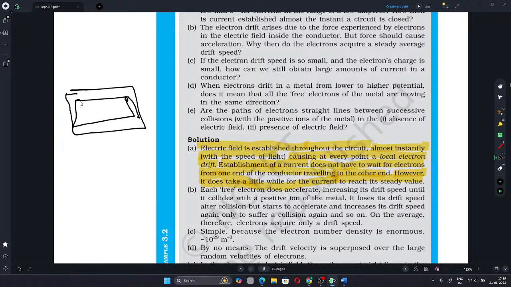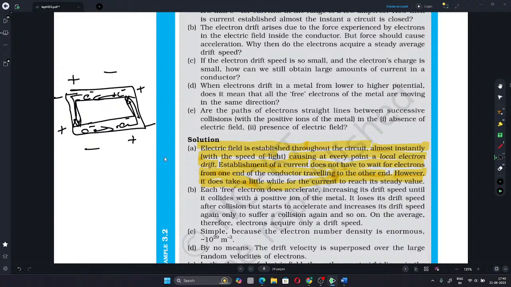This is a circuit, and here we have positive to negative, positive to negative electric field. Here the electron will move this side, this electron here will again move this side, here as well the electron will move this side, and here as well.